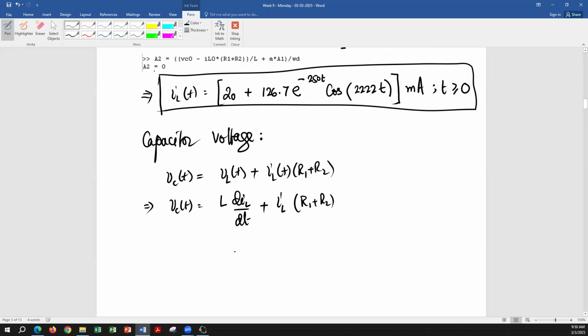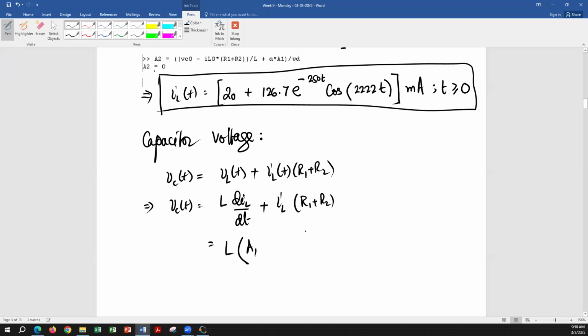All right, IL is this, of course. So L times the derivative of this. Derivative of 20 is 0, of course, and then the derivative of that term. So 126.7 was A1, I'm assuming. I'm just going to write down variables.